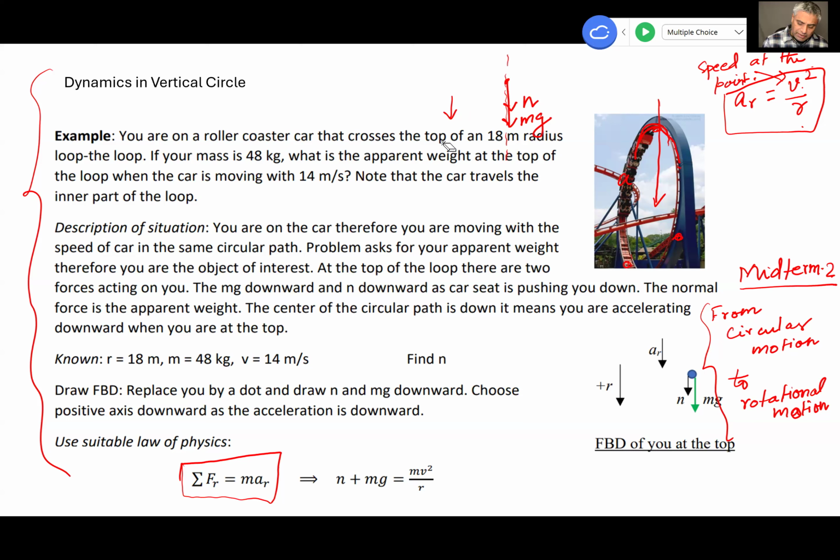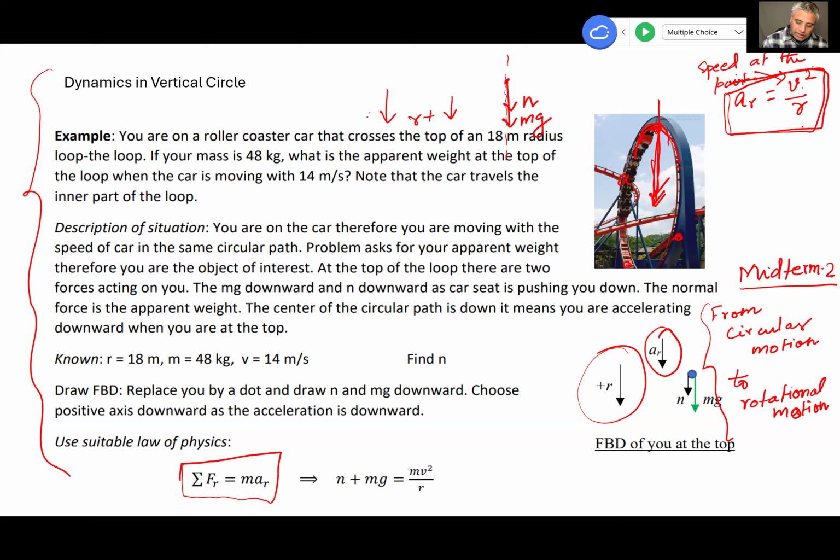And let's say down is positive. So why here are we choosing down as positive? We don't have to, but I'm choosing down as positive because I want to choose positive in the direction of acceleration. Since the acceleration value is this, its direction is always towards the center of the circle. So at this point, the center is in that direction, so this acceleration is also pointing down.